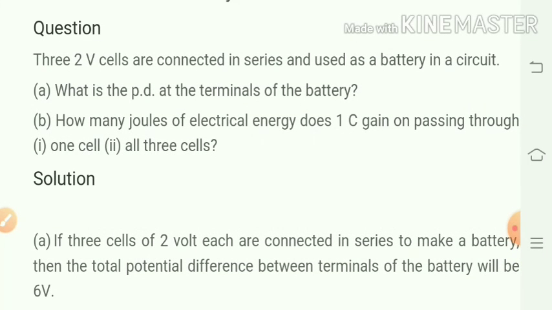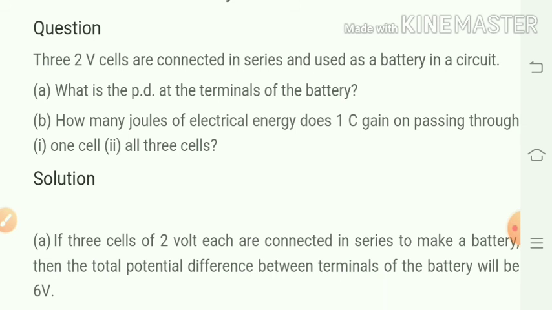3 2-volt cells are connected in series and used as a battery in a circuit. What is the potential difference at the terminals of the battery? How many joules of electrical energy does 1 coulomb gain on passing through one cell or all 3 cells?